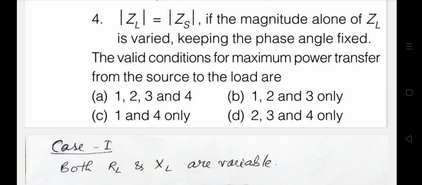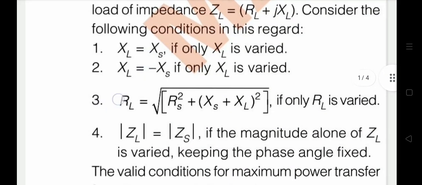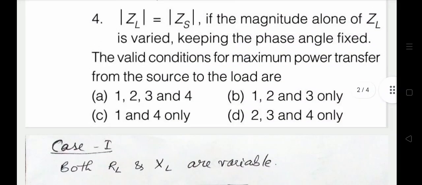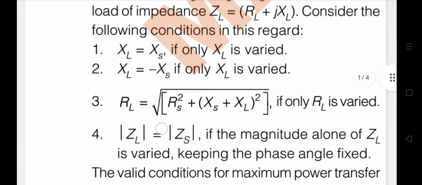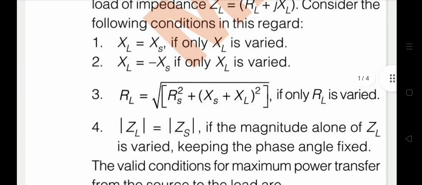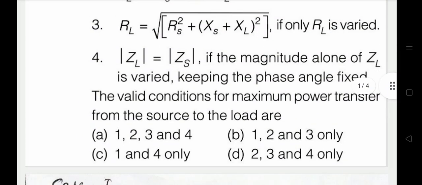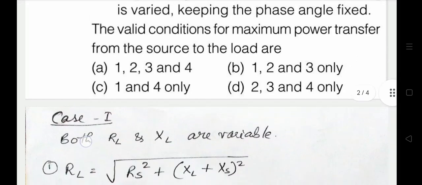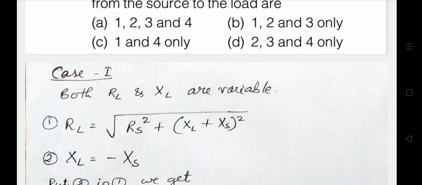So, maximum power transfer theorem. This question is based on the maximum power transfer theorem, and we have to find which of the following statements are valid conditions. Four options are given. From that, we have to find which of the statements are correct about the maximum power transfer theorem. Before answering this question, we will see four cases for this theorem in the case of an AC circuit.